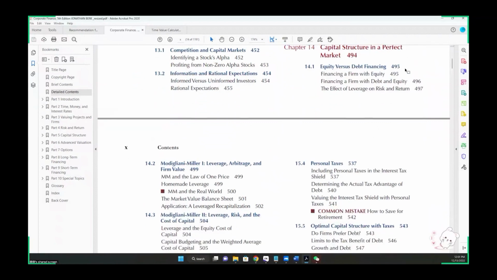By the way, we have some discussions about the MM theory, right? MM theory comes in two parts. One is that the capital structure is irrelevant to the firm value, because in the ideal environment, the firm can choose to borrow the money by themselves, or the owner can do that on his own hands.